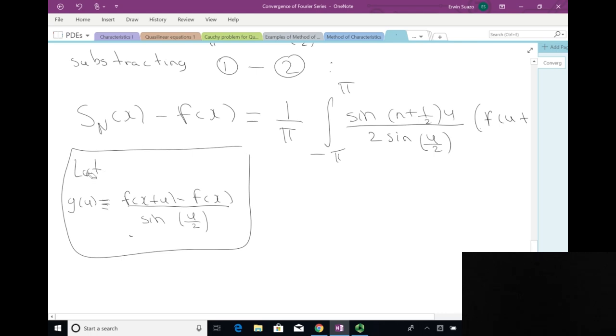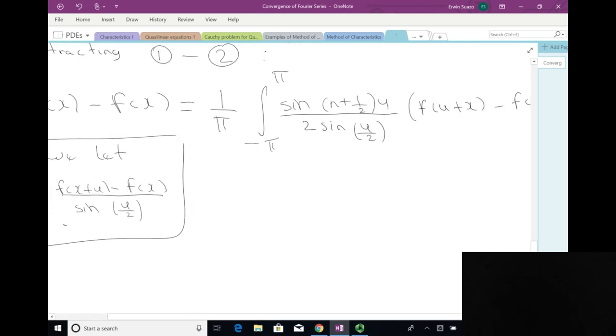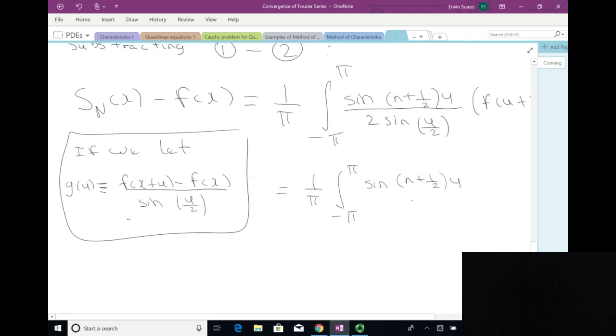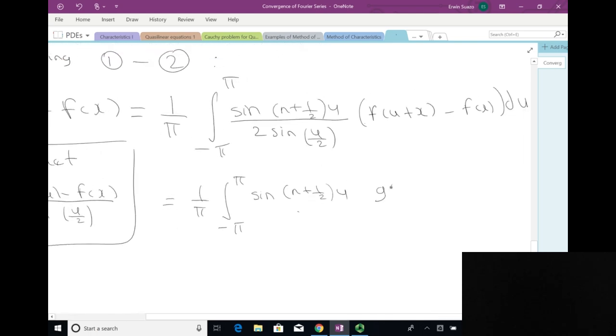If we let g of u be that, we will write 1 over pi integral between minus pi and pi of sine of n plus 1/2 u, oh sorry, no, this one doesn't go. So this guy over that guy is going to be g of u, so I call it g of u du. Okay.